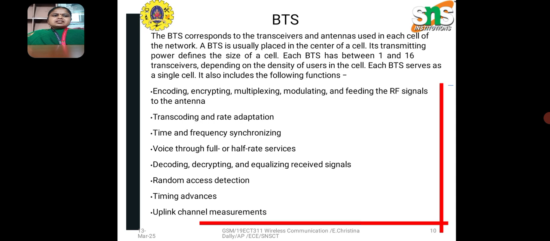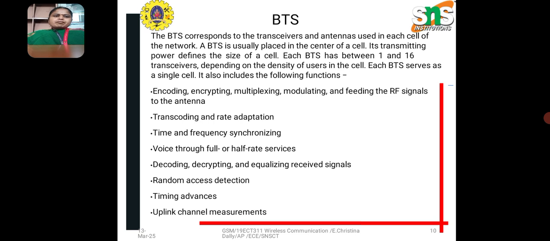The next thing we are going to see is the BTS. The main purpose of the BTS, if it is placed in the center of the cell, is that the transmitting power defines the size of each cell. So this BTS serves as a single cell.